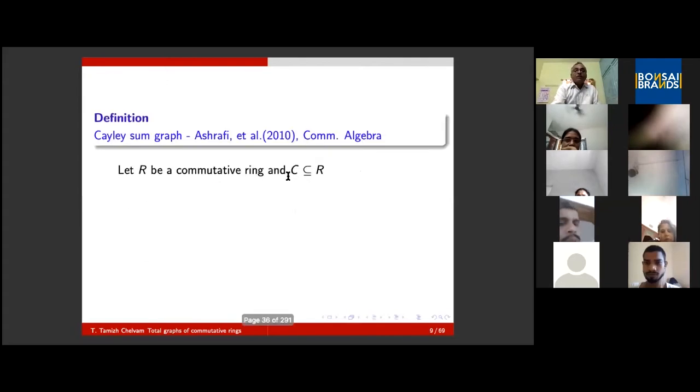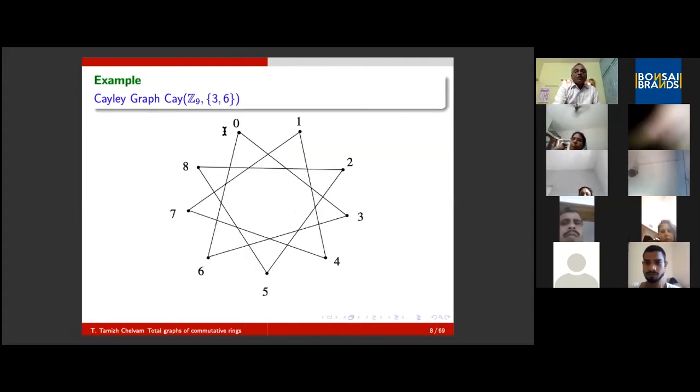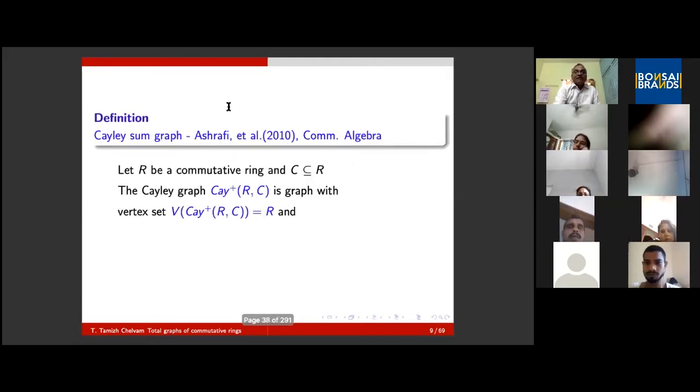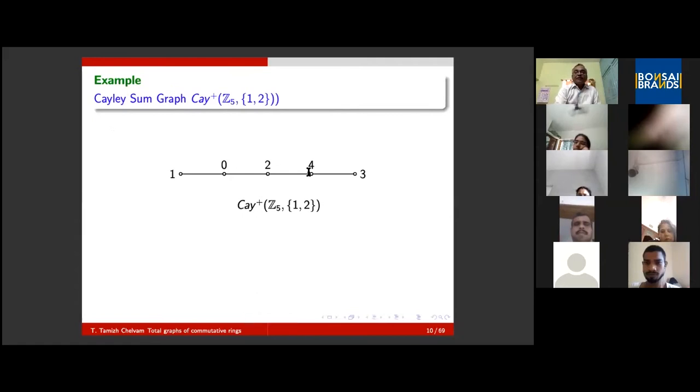Here the degree is nothing but the number of elements in the generating set. But in this graph, it is not regular, it is biregular. Even that cannot be generalized. Therefore, graph theoretically, the Cayley sum graph and the Cayley graph have two different paths.